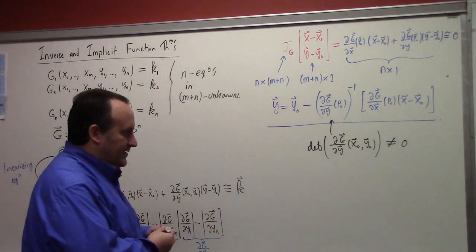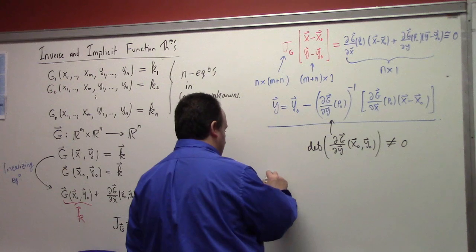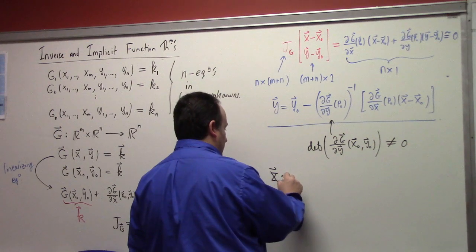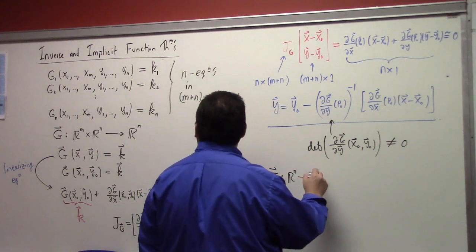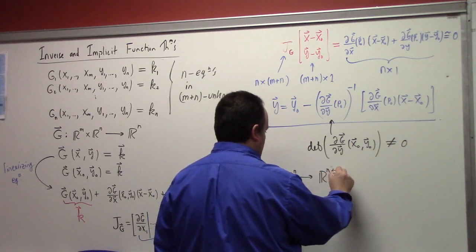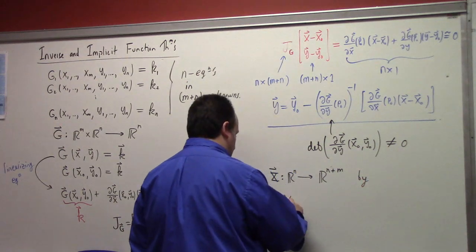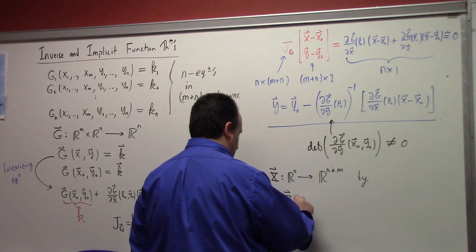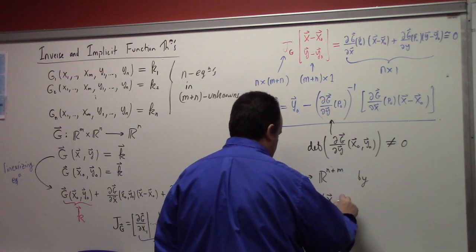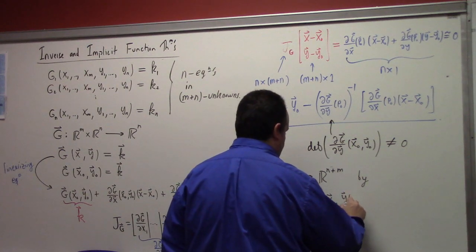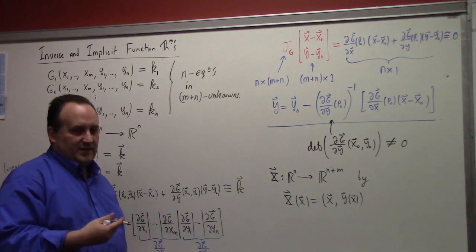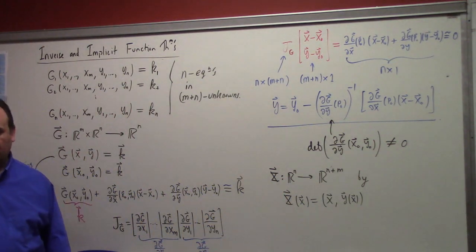And if you have all that, then you can define a mapping from R^n to R^(n+m) by x of the vector x equal to x, y of x, where that y of x is the implicit function that the implicit function theorem gives you.